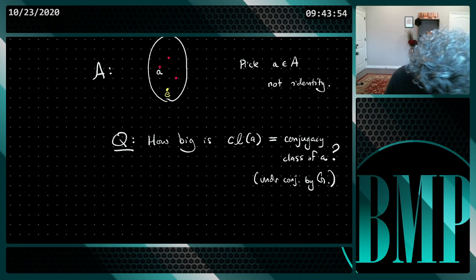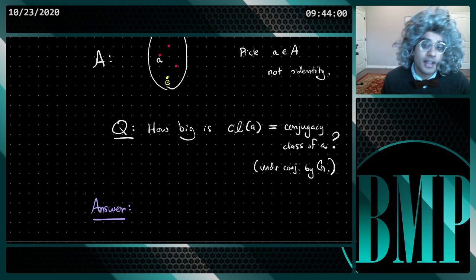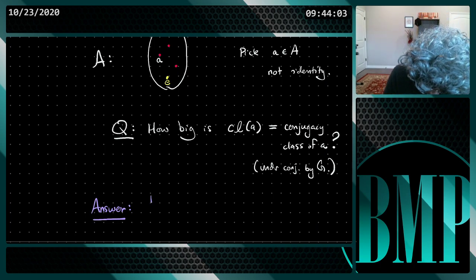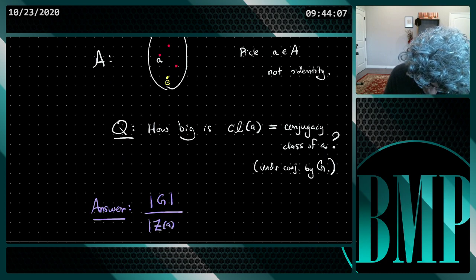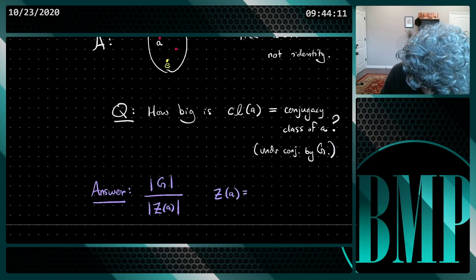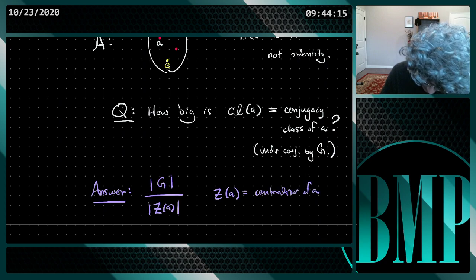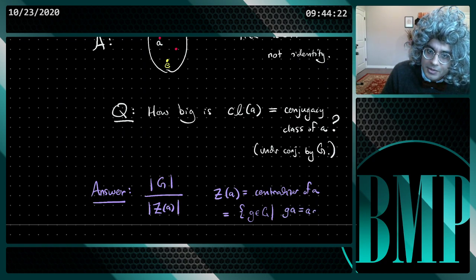How big is the conjugacy class of a? The answer is the size of the group divided by what we call the centralizer of an element. It's the set of elements g in the group such that g times a is a times g.